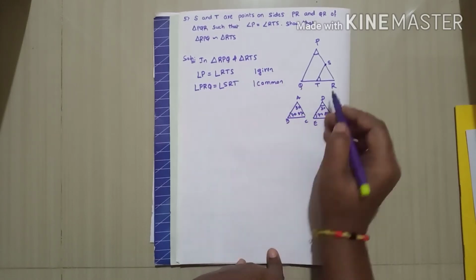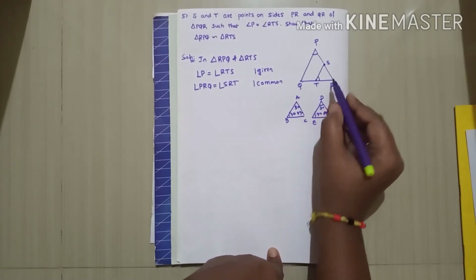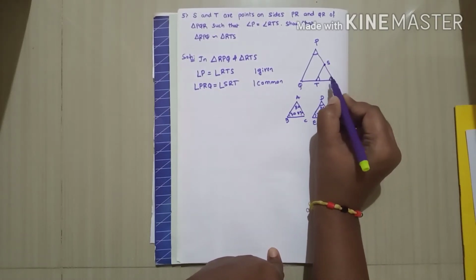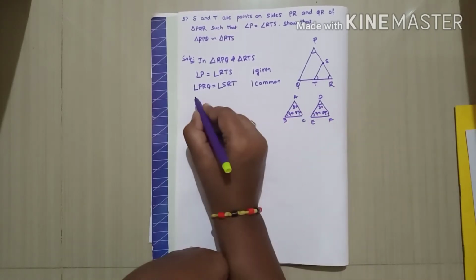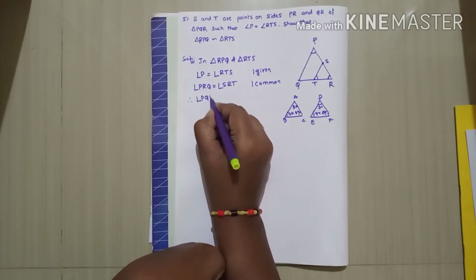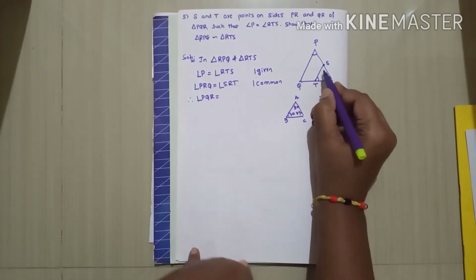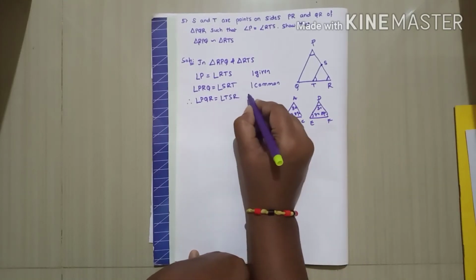So which is the remaining angle in the triangle PQR? Here now this is common for both. Then in a bigger triangle Q remains. Therefore angle PQR is also equal to angle TSR. What is the reason for that?